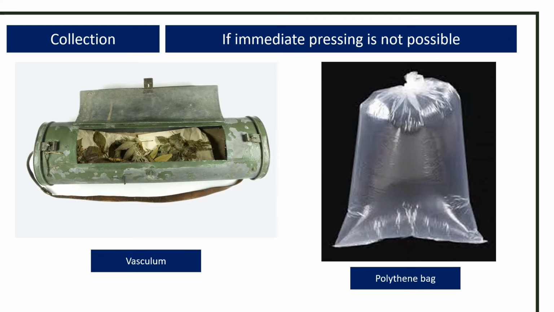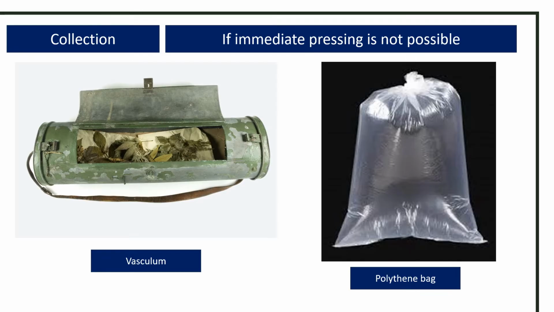So immediately after collection, it should be pressed using a blotting paper or newspaper. But many times it happens that when you are on a long trip, tour, that is not possible, because it is difficult to carry the herbarium press. It is difficult to carry a lot of blotting paper with you. So at that point of time, in earlier times, what people did was the plant parts would be kept inside a vasculum.